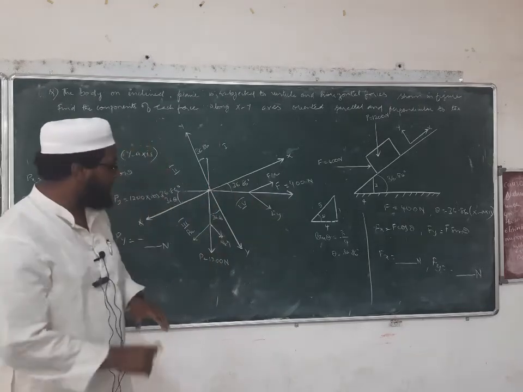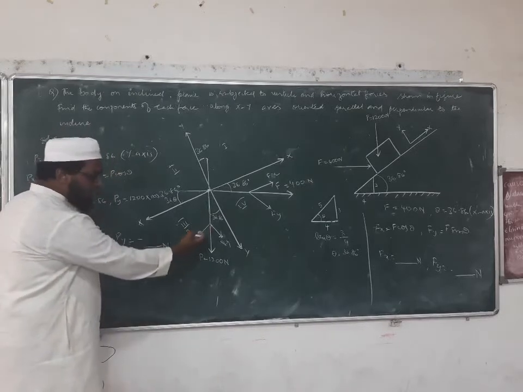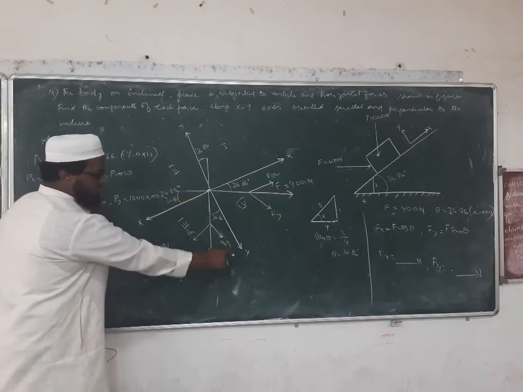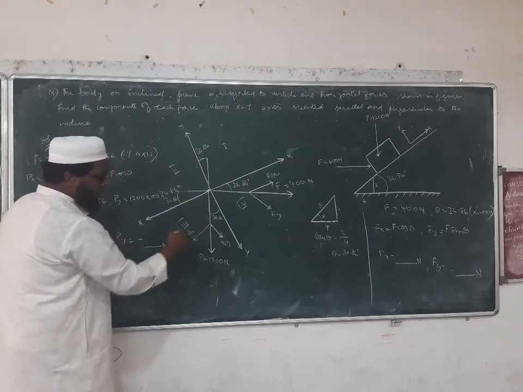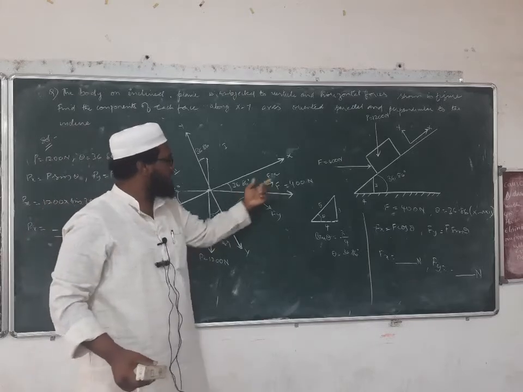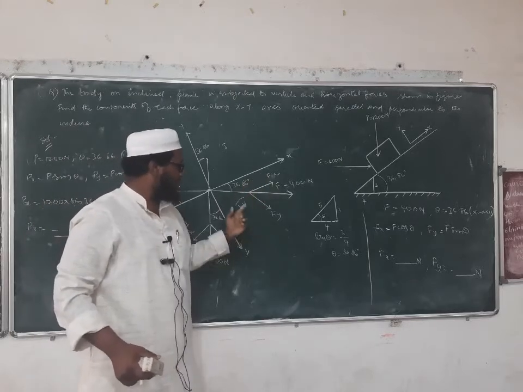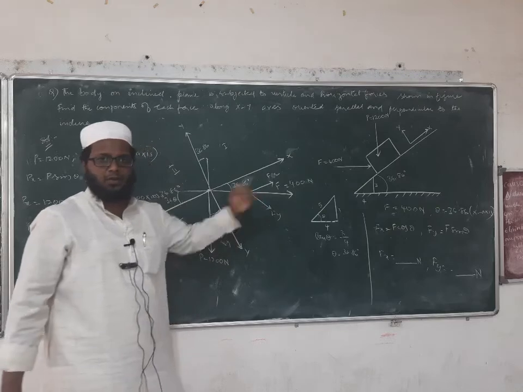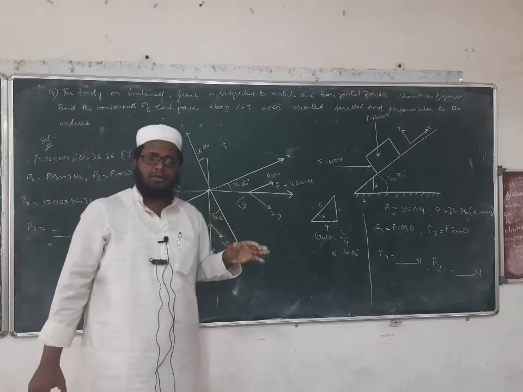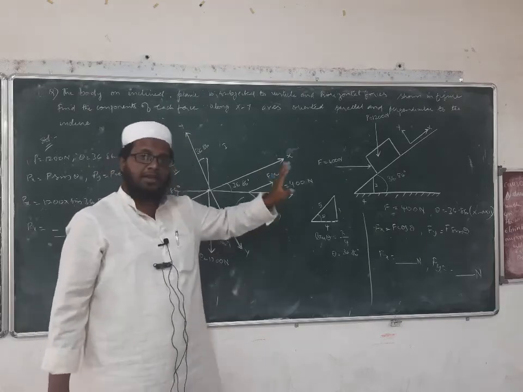Then we have drawn our components px and py parallel to this x axis and y axis. This is px and this is py. Again, this one is Fx and Fy, parallel to the y axis and parallel to the x axis. This is how we draw or calculate the components of forces in an inclined plane.